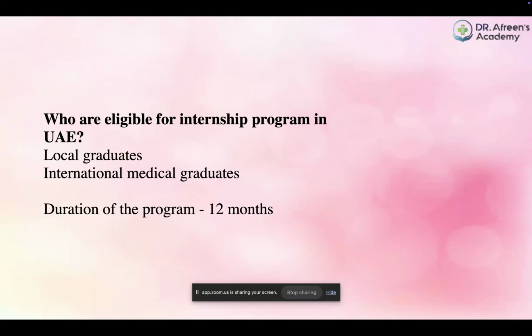In the medical departments, you will have general medicine, pediatrics, psychiatry, and one month in primary healthcare, and you will have clinical electives as well. At the end of your internship, you will be asked which is your specialty of interest, and you will be given clinical elective blocks. So that's how you will be rotated during your internship program.